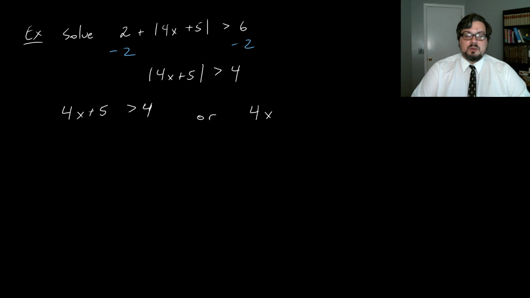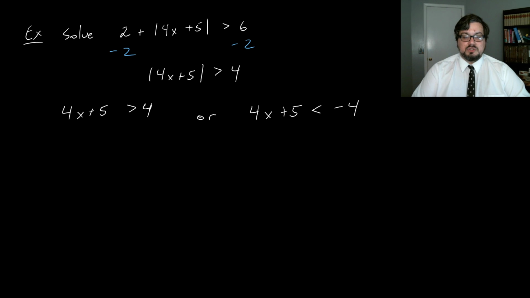For the other inequality, we need to drop the absolute values, change the direction of the inequality. It was a greater than, now it's a less than. And we need to multiply the other side of the inequality by a -1.